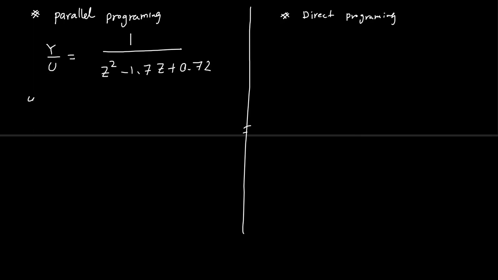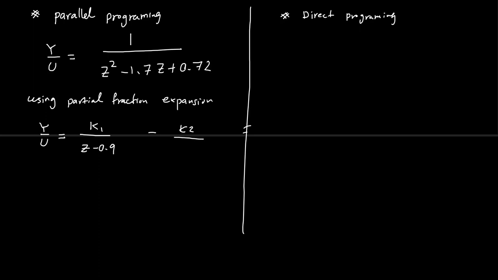So here, using a partial fraction expansion, we can write y over u to be k1 over z minus 0.9 minus k2 over z minus 0.8.